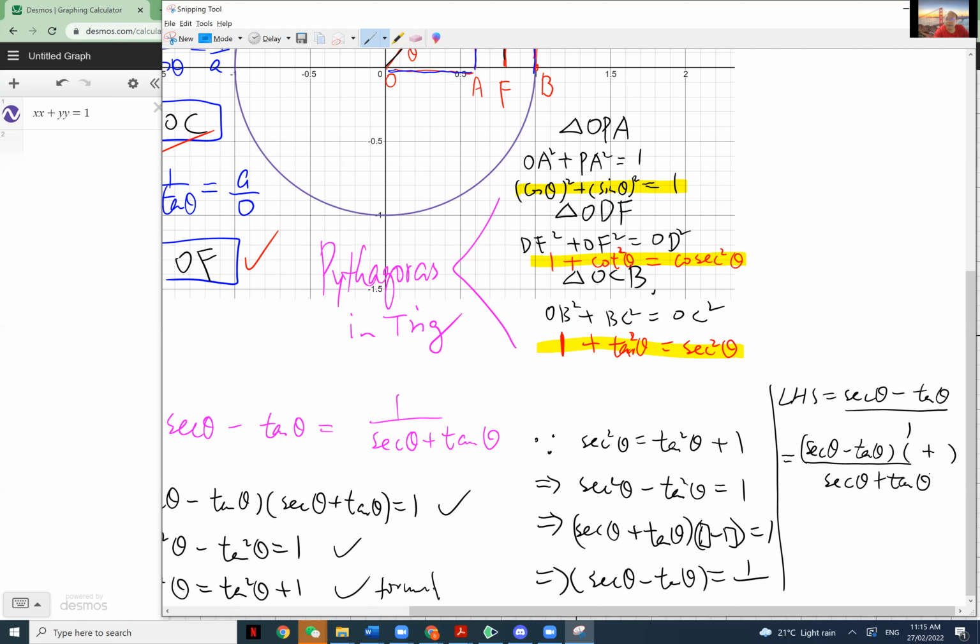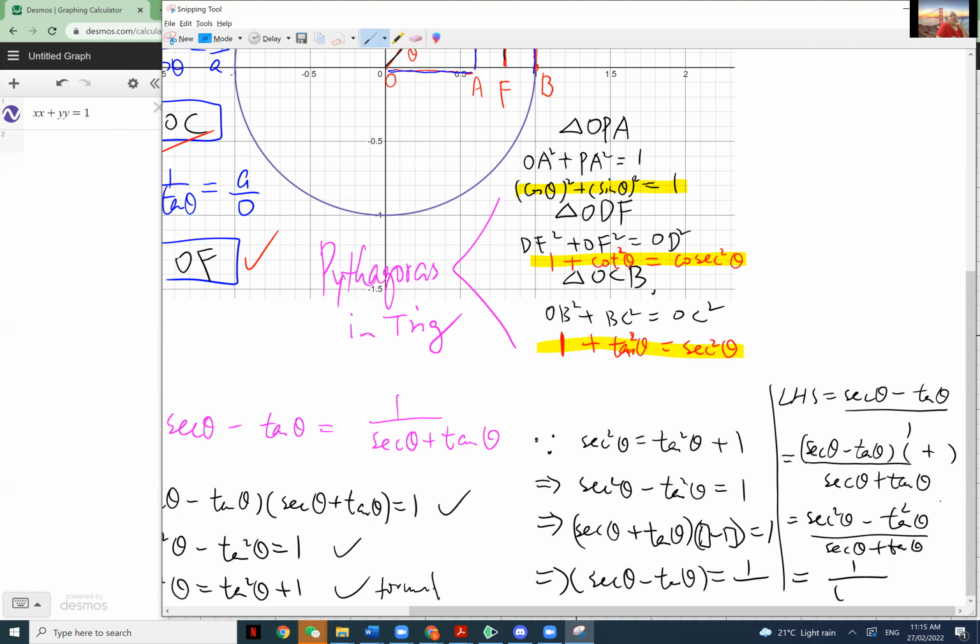And if you expand it, depends on, maybe school teacher prefers this one.